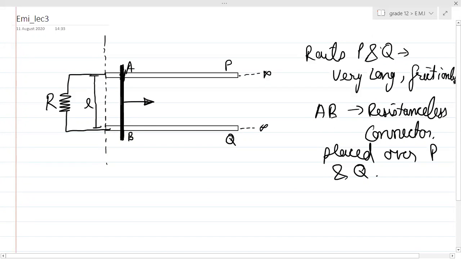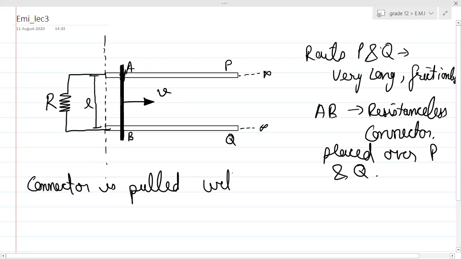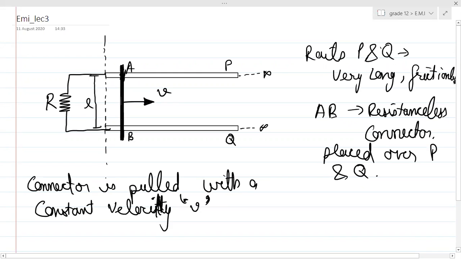Guys, can you see this connector AB can slide freely over the rails? Now this connector is pulled with a constant velocity V, in a magnetic field as shown in the figure.